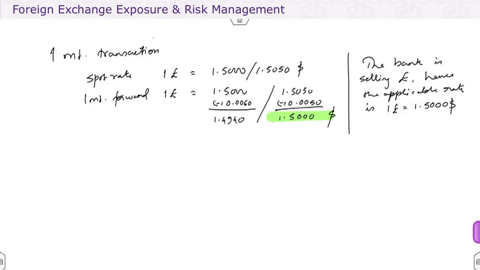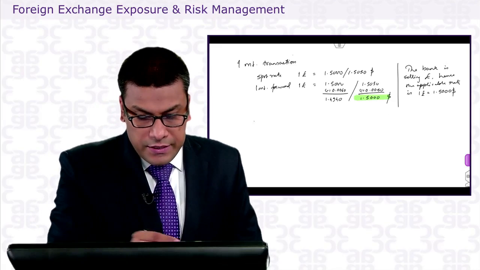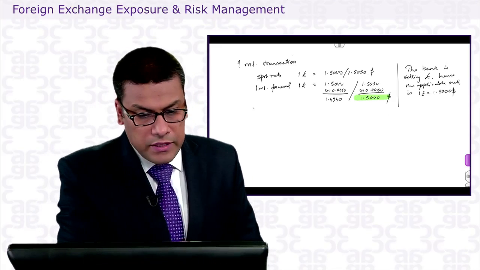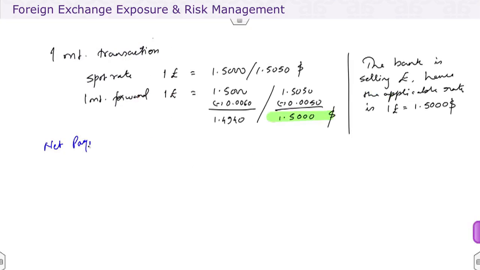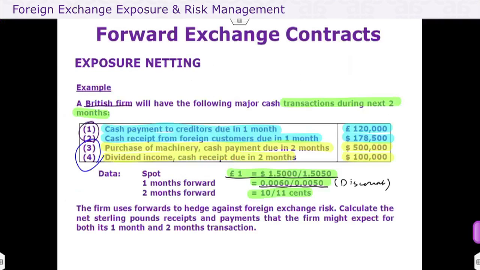Now let's see the net payment and receipt that would happen in 1 month's time. So net payment or receipt in British pounds after 1 month. You have two obligations. If you see the question, the cash payment to the creditor is going to happen for 1,20,000 British pounds.